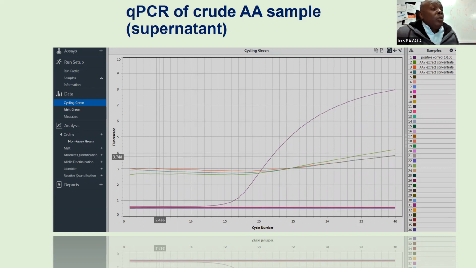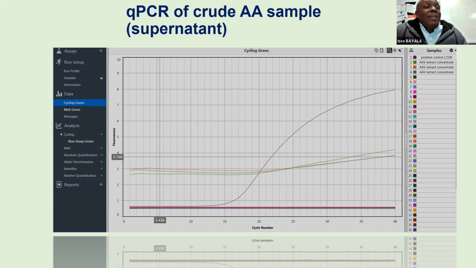And if you look at the result here, you have two baselines. There is one red baseline at the bottom, and that's the standard, the positive control with real viruses, a known amount of AAV2. And if you look at the lines, the second baseline right around the middle, those are the samples of the supernatant. So we were told that it's not normal.